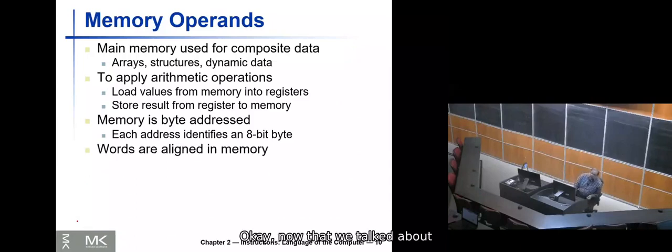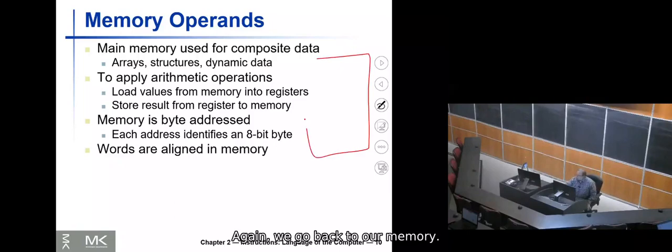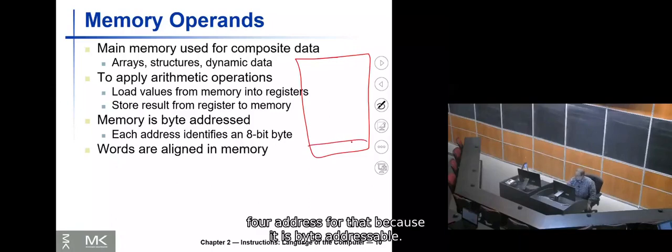Okay, now that we talked about byte addressability and said that addresses are bytes, again we go back to our memory. Our memory, as I told you, each cell has 32 bits, but each cell has 4 addresses because it is byte addressable.